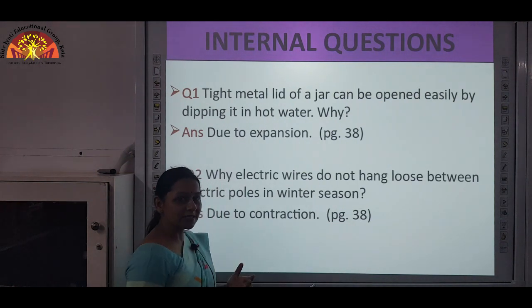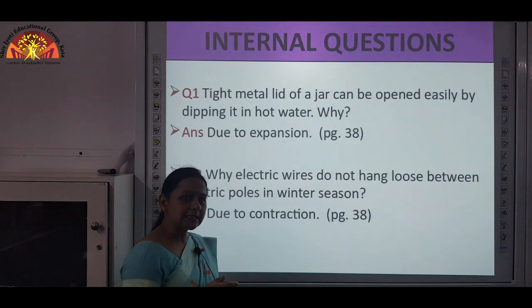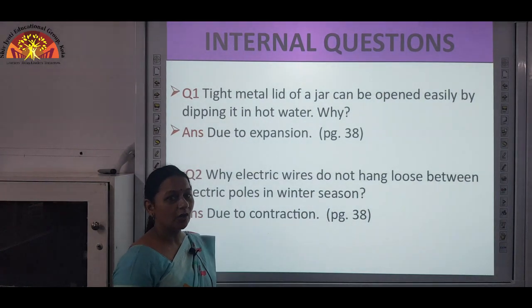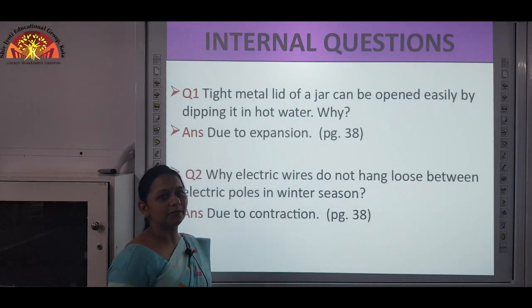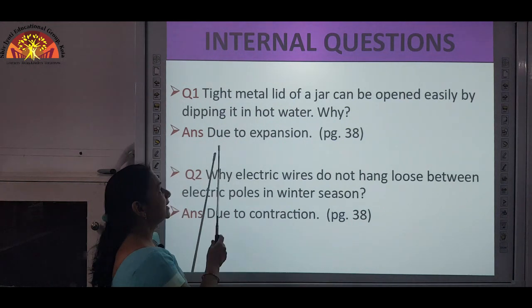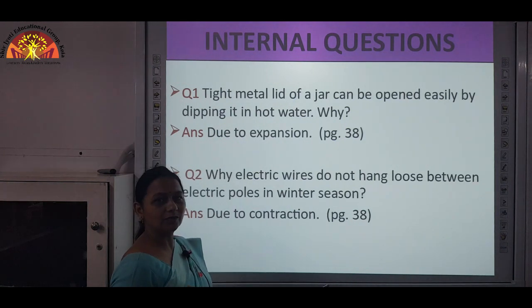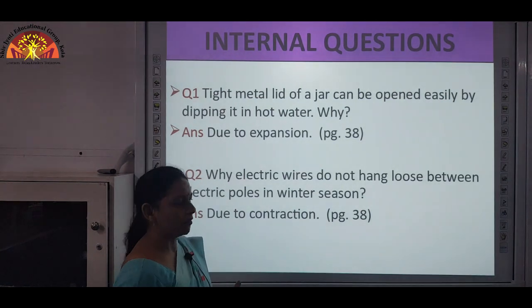You must have observed that when we are not able to open any tight metal lid of a jar, what do we do? We dip it in hot water and then we are quickly able to open it. Why does that happen? Because of expansion. When we dip it in hot water, the metal lid expands and that makes the lid easy to open.